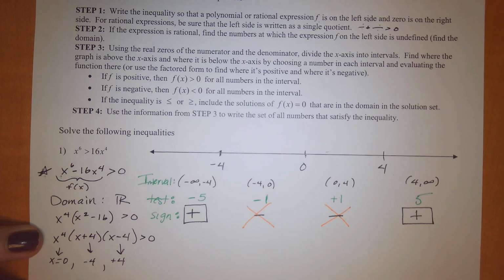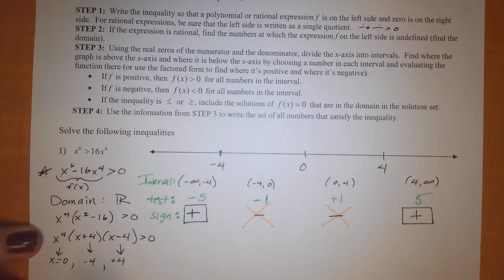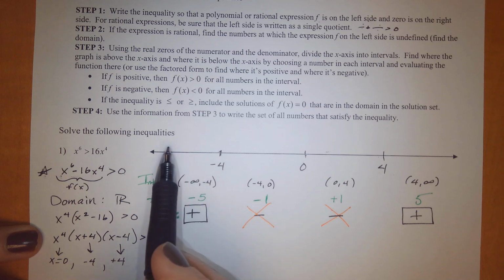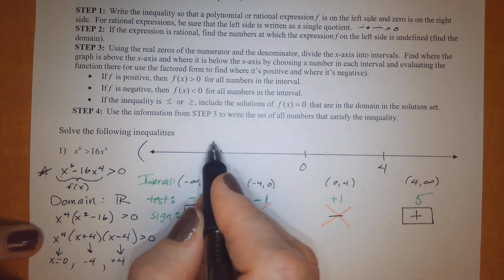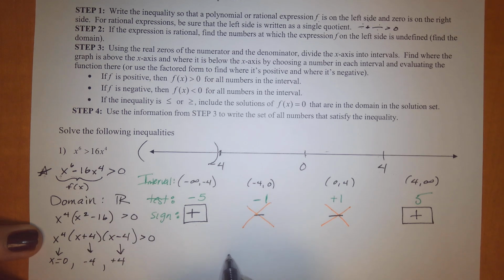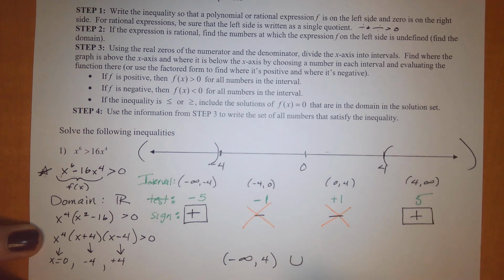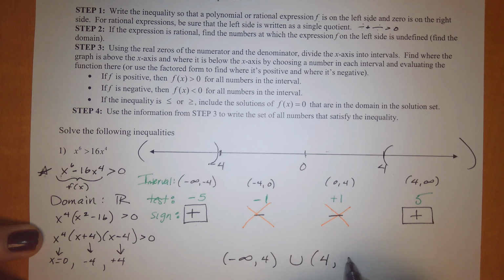Now we're going to use this information to write the set of all numbers that will satisfy this inequality. Clearly, any number in this interval is going to fulfill a positive or greater than 0 answer. So my answer is going to be any number between negative infinity and 4, but also any number between 4 and positive infinity.